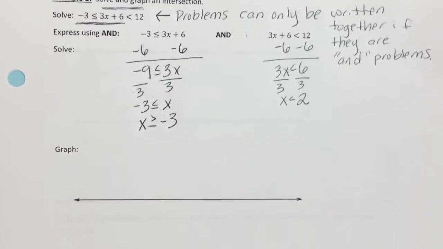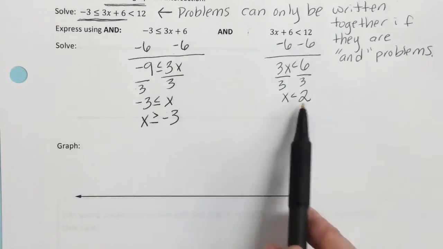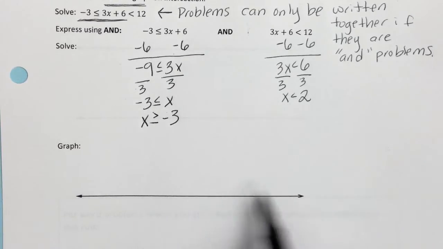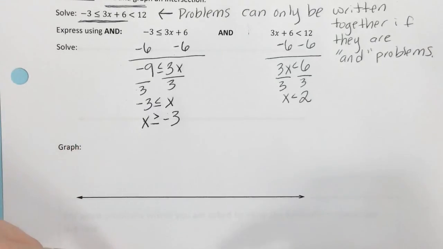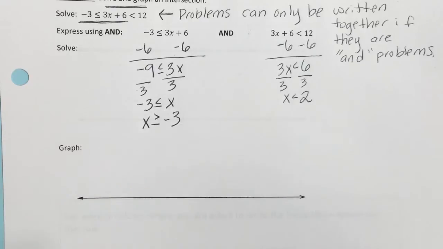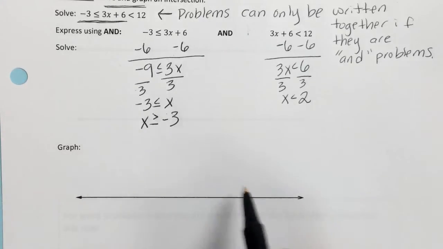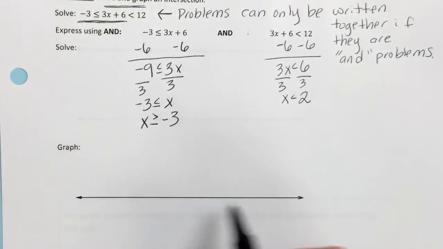So we're going to graph both of these on the same line. The first one we're going to use to come up with our answer, and then the second line is going to be our final answer. So I need to number this so that -3 and 2 will both fit on here.